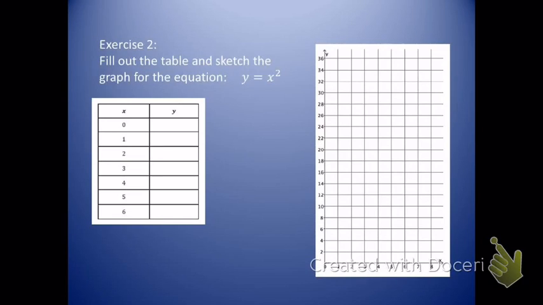Okay, for this next exercise, you're given the equation y is equal to x squared and asked to fill out an input-output table, or an XY table, and then also plot the points. So if you haven't done so yet, you could do that on your own, and then come back and we'll discuss this equation.